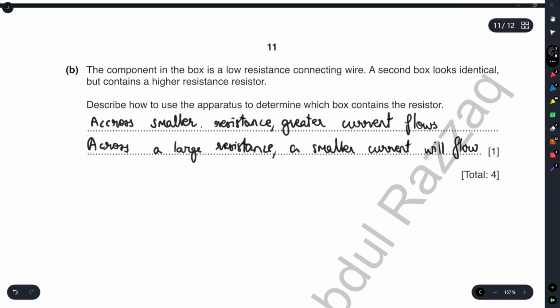So it's all a difference of whether you have a larger current that's flowing or a smaller current that's flowing. अगर कम current जा रहा है तो means high resistance होगा. अगर ज़्यादा current जा रहा है means low resistance होगा.